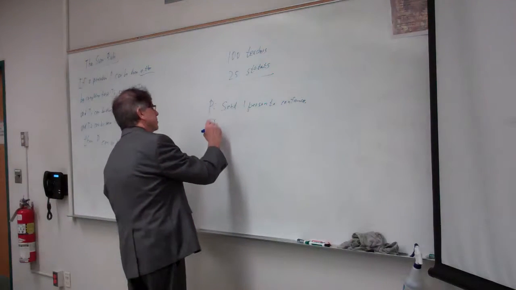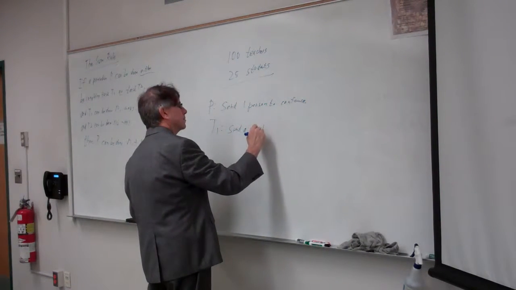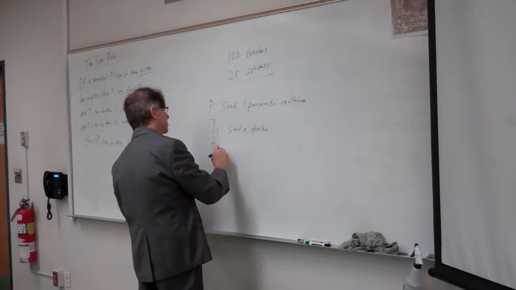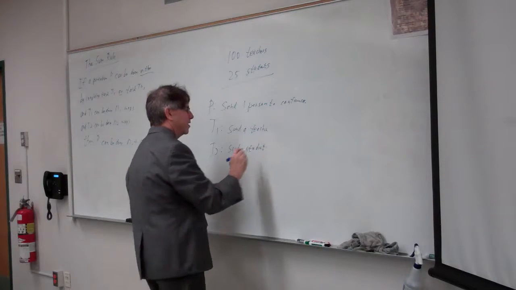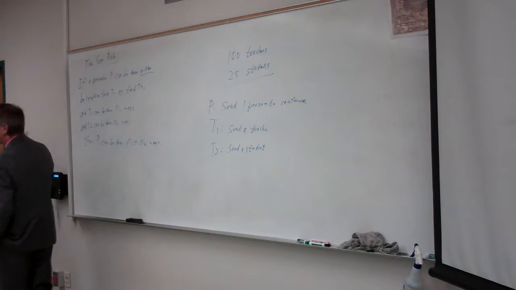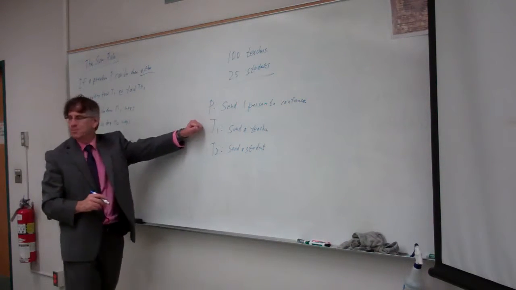So T1, send a teacher. T2, send a student. We can't do both because we're not allowed to send 2 people. But we can do either T1 or T2. So how many ways can we complete T1?